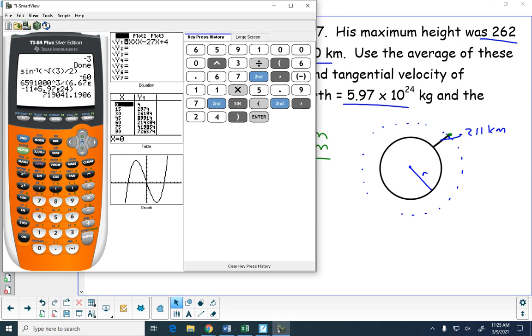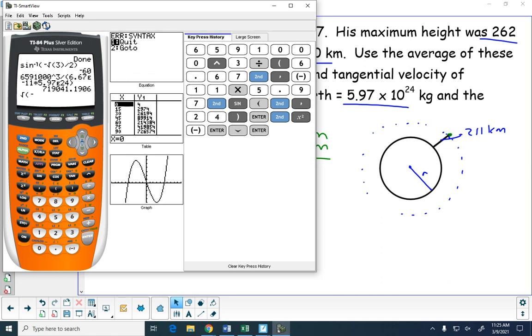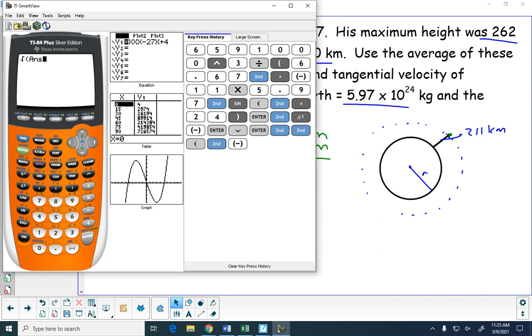So we have 719,041. Now we have to square root that value. So we have second square root, second answer. So we got 8.47 that we multiply by 2 pi.